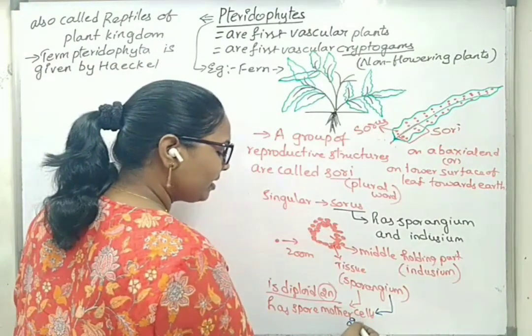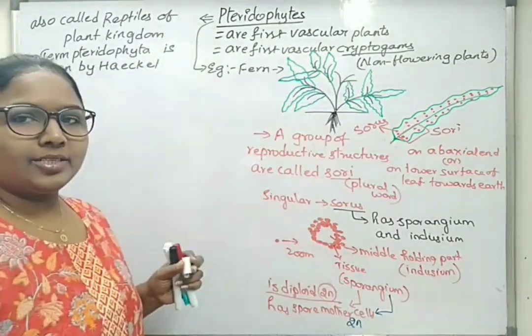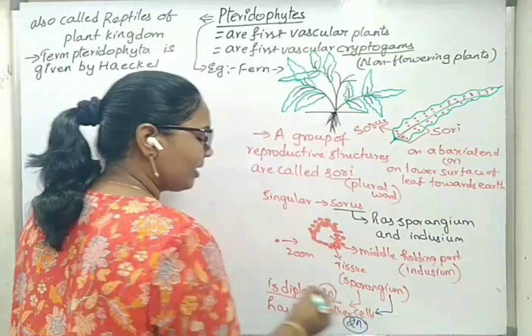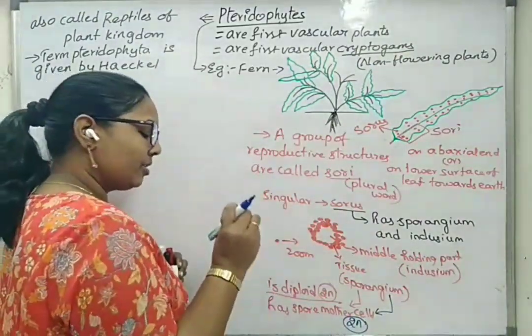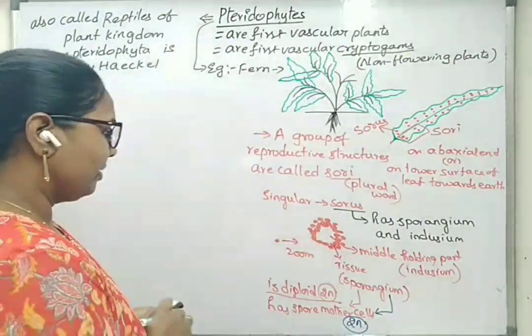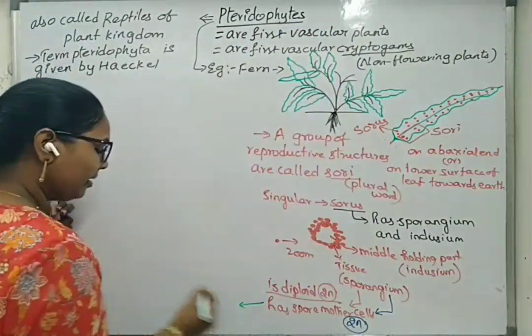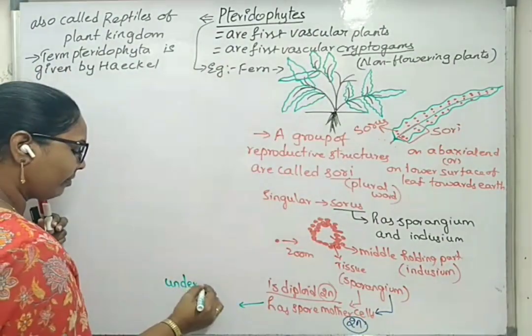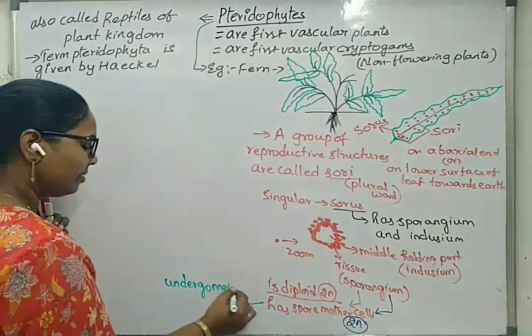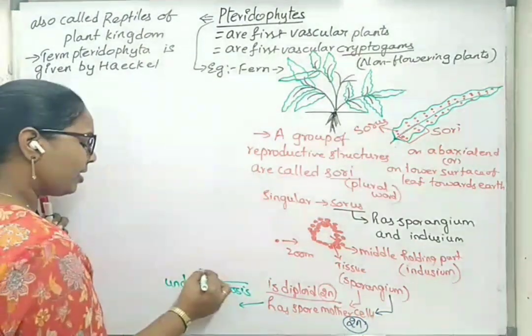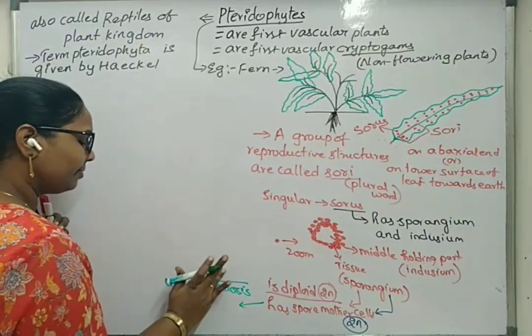Again, these spore mother cells are also diploid, having two sets of chromosomes in each spore mother cell. These spore mother cells undergo meiosis. Meiosis is also called reduction division.